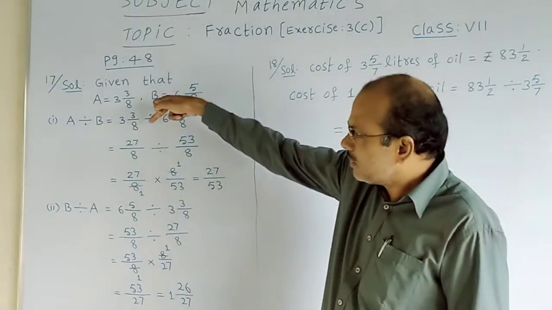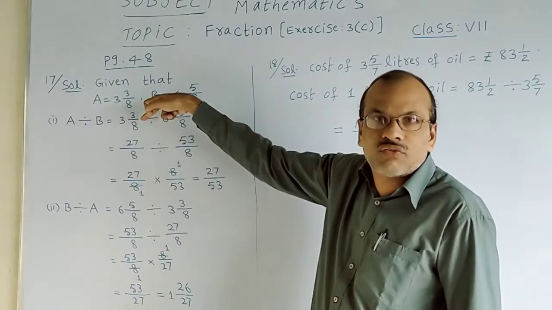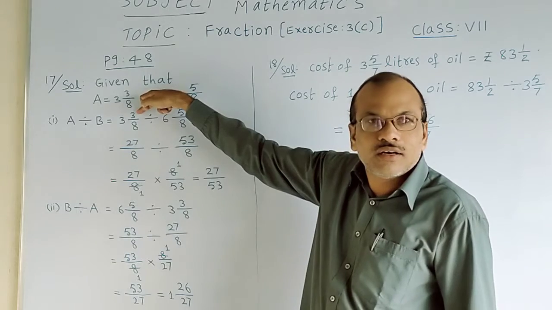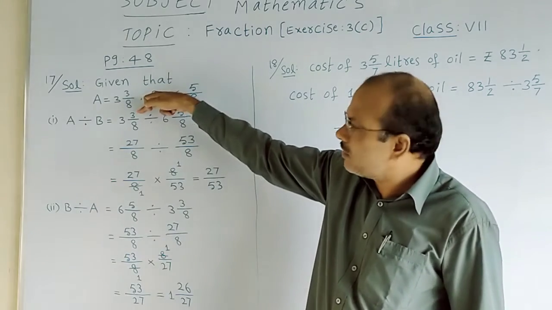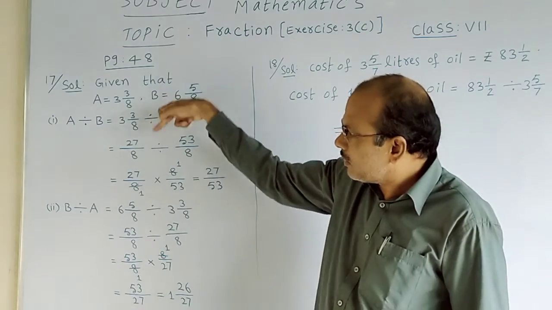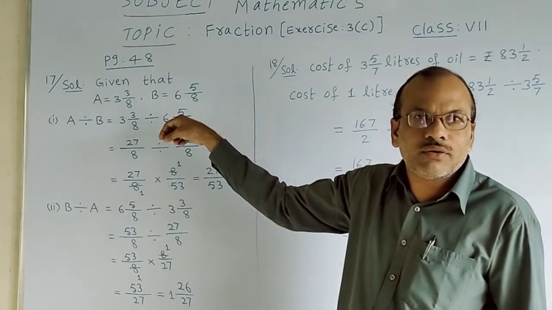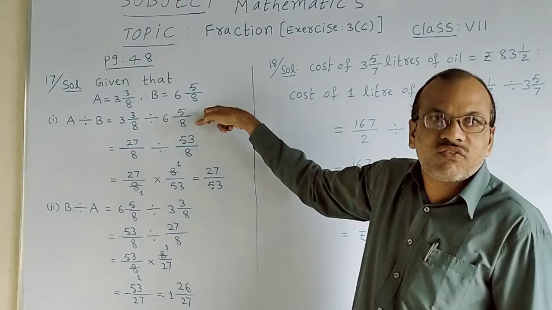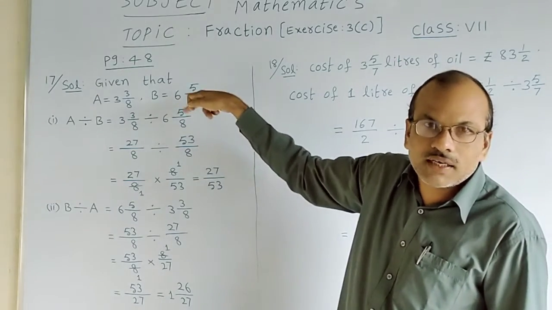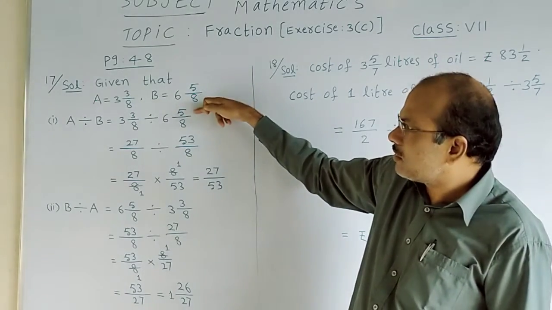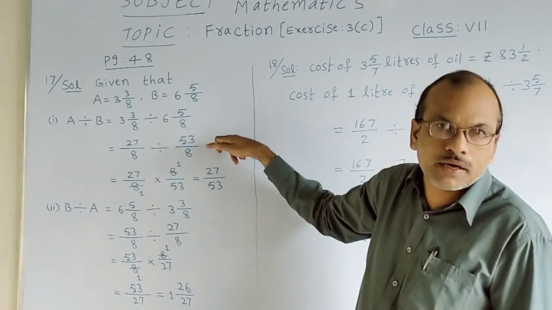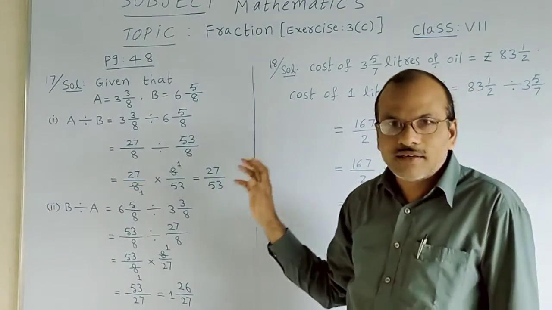See once. 3 8s are 24, 24 plus 3, 27 by 8. It is clear for you? Divided by symbol. 6 8s are 48, 48 plus 5, that is 53 by 8.